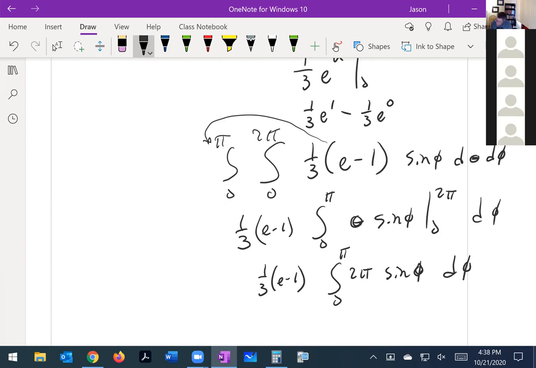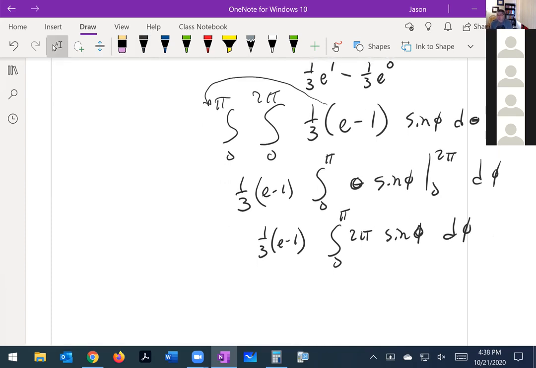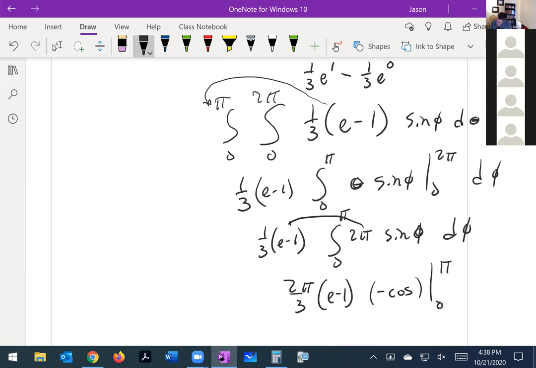d phi. Okay, so what's the integral of sine? Well, that's negative cosine, right? So I pull the 2 pi out in front. So this is 2 pi over 3, times (e minus 1), times the negative cosine evaluated from 0 to pi.